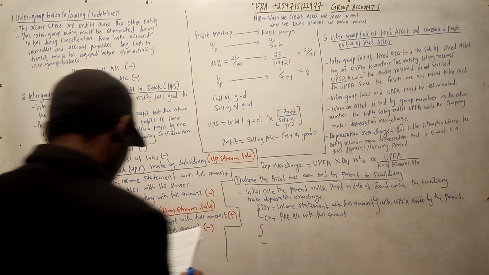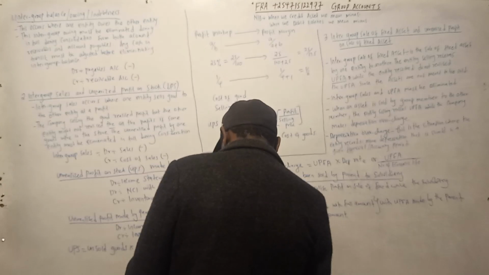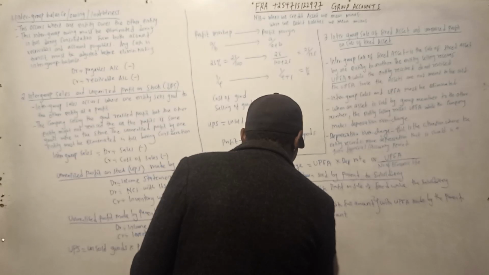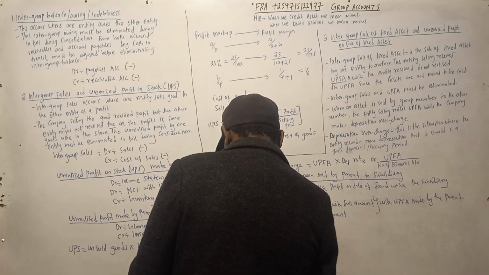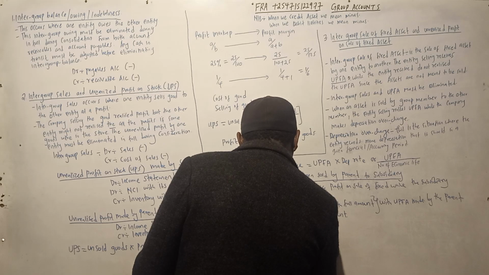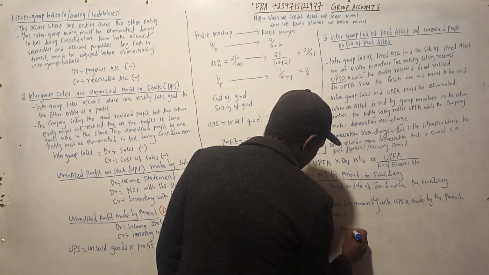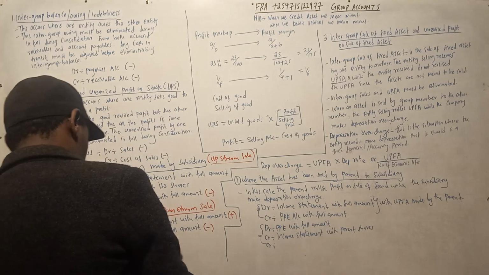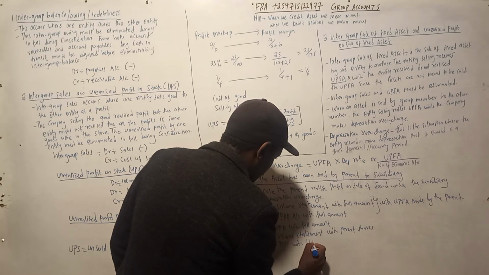For this one we debit the non-current asset, the PPE account, with the full amount, then we credit the income statement with the parent's share, and we also credit the NCI with its share.